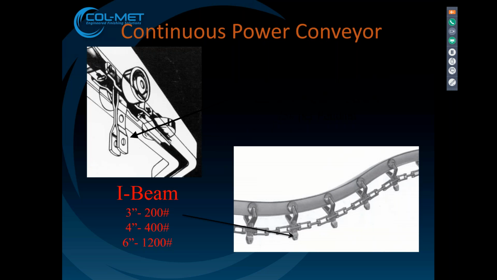Typically, continuous conveyors are of an I-beam construction. We have 3-inch, 4-inch, and 6-inch. The larger the I-beam, the greater the capacity per linear foot that the conveyor can adequately and safely process.